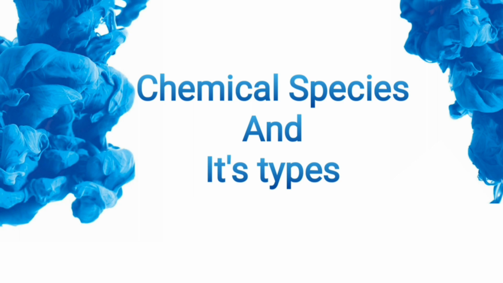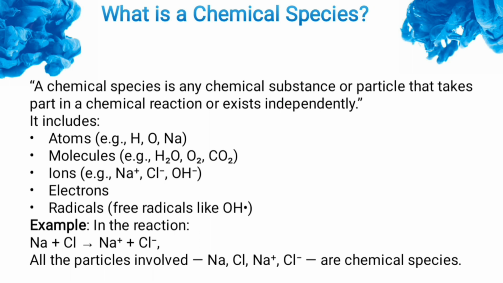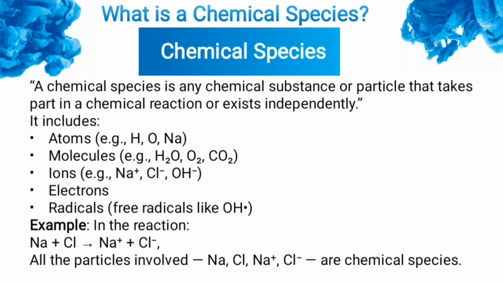What is a chemical species? A chemical species is any chemical substance or particle that takes part in a chemical reaction or exists independently.